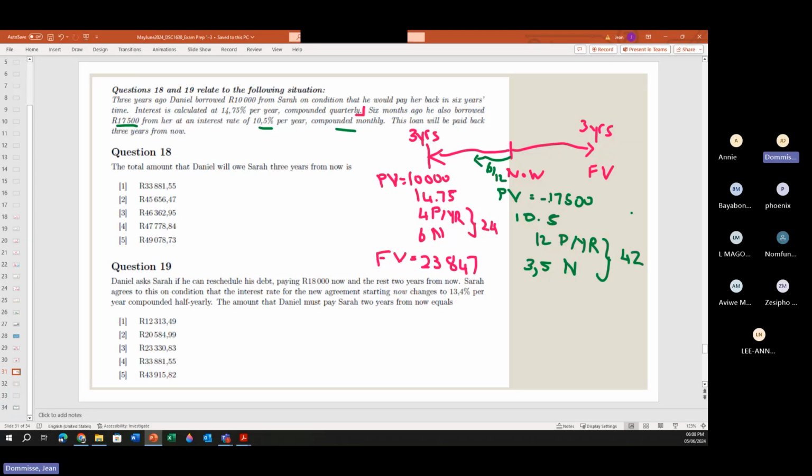We've got an interest rate of 10.5% this time. Instead of quarterly, now we've got 12 or monthly periods. We've got it for 3.5 years, so it will be 42 periods.